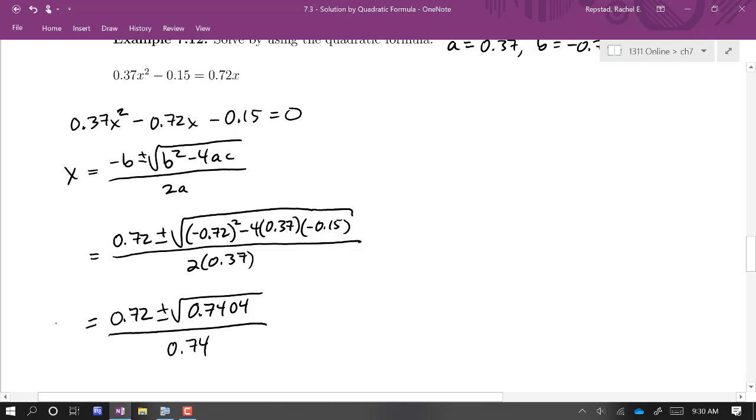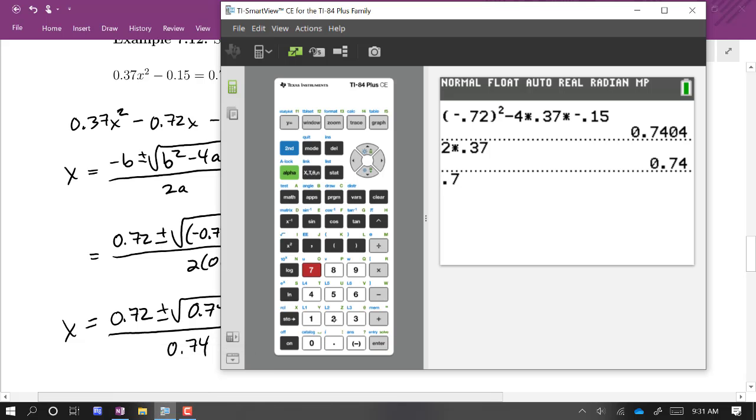So now we've got sort of a simplified-ish expression here. We've got these decimals. I think we're ready to just kind of be able to get our approximate answers. I'm going to throw these in the calculator. I'm going to have to do some rounding. Parentheses, 0.72 plus the radical 0.7404 divided by 0.74.